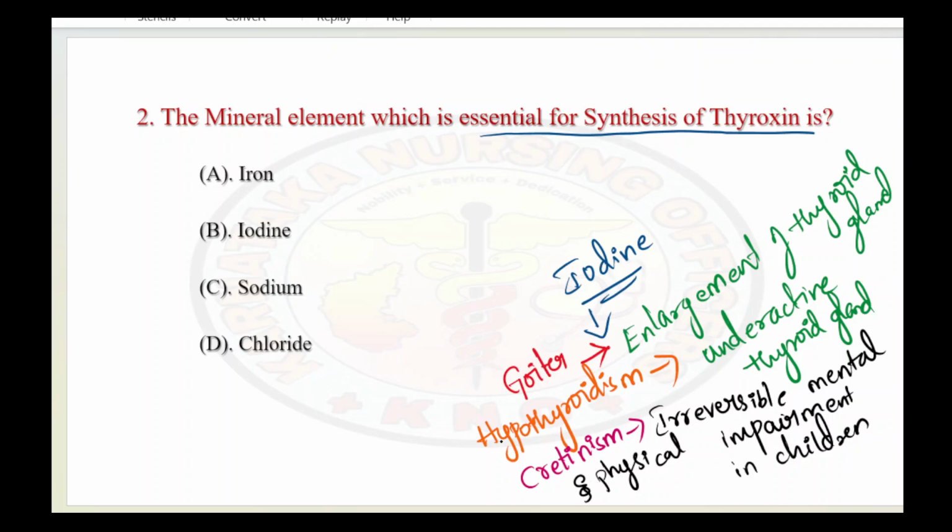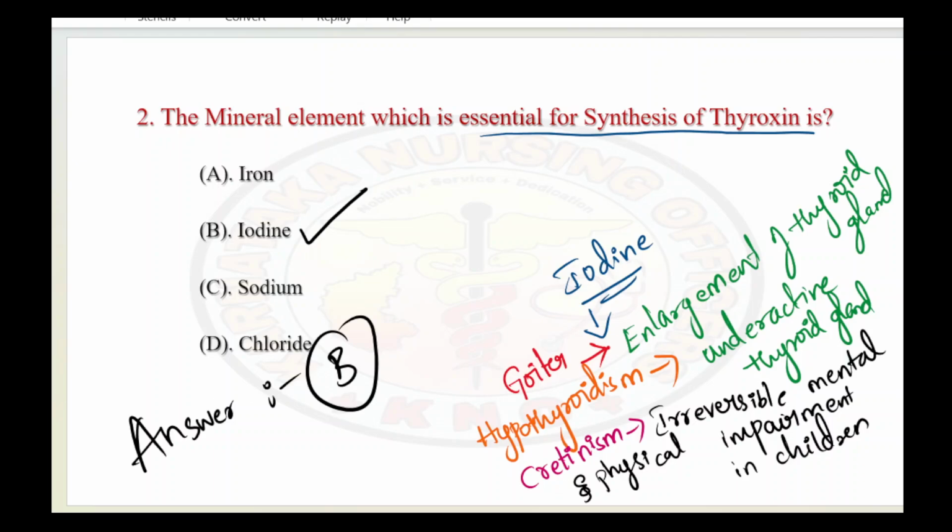Okay, these are the three conditions which we are going to see in case of iodine deficiency. Because of this deficiency only, the thyroid gland undergoes so many changes. So that's why the essential element which is needed for the synthesis of thyroxine will be iodine. So the answer is B. You can even quickly note down what happens in goiter, what happens in hypothyroidism, and what happens in cretinism.